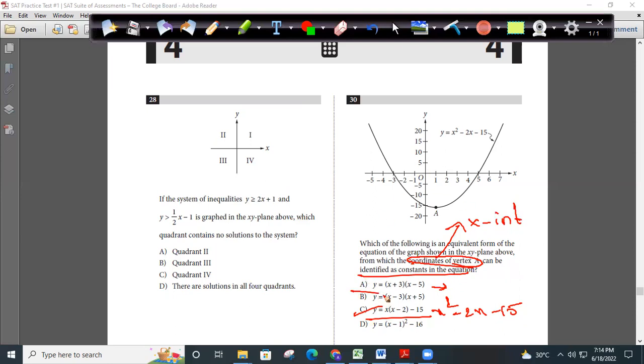It should be option A, because I can see x plus 3 means minus 3, x minus 5 means 5. I can see the x-intercepts clearly here. Option B is a meaningless option. It is nowhere relevant to this. Option C is the trap they have given, as an Alibaba form. From that I cannot get any information, so it is also of no use.